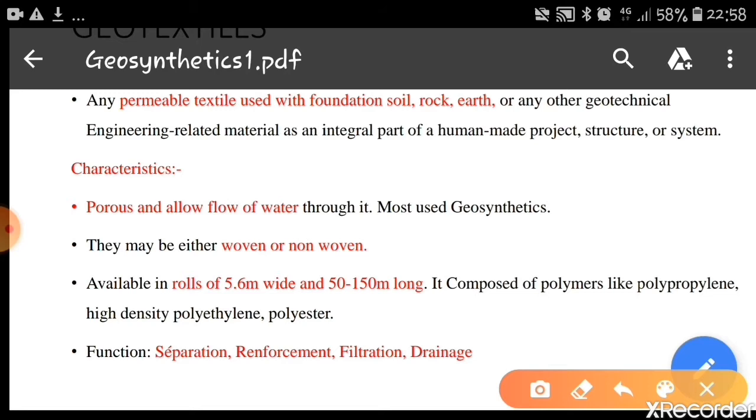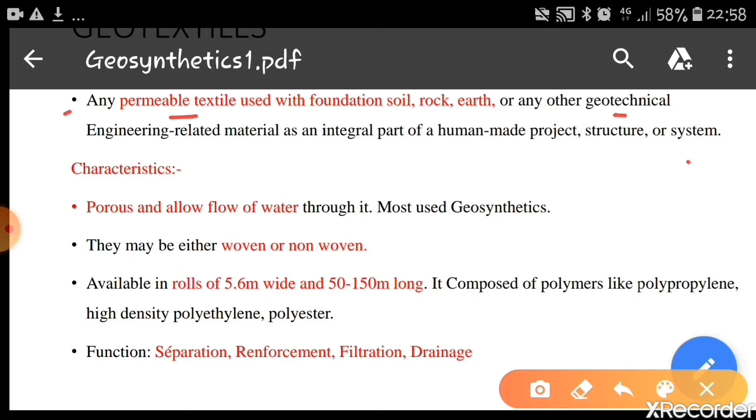So coming to the first one, that is called geotextiles. We have seen this at the beginning. These are any permeable textile used with foundation, soil, rock, earth or any other geotechnical engineering related materials as an integral part of a human made project, structure or system.